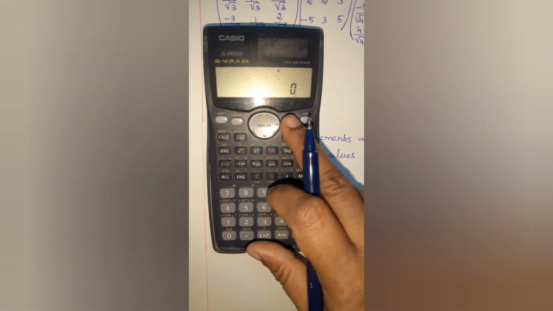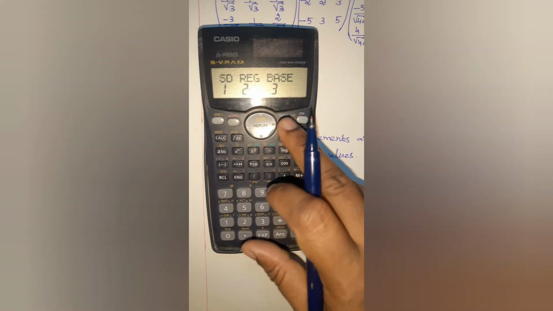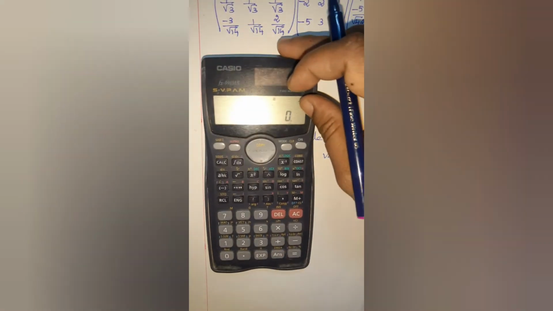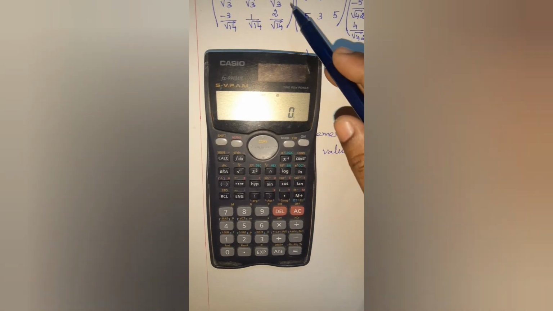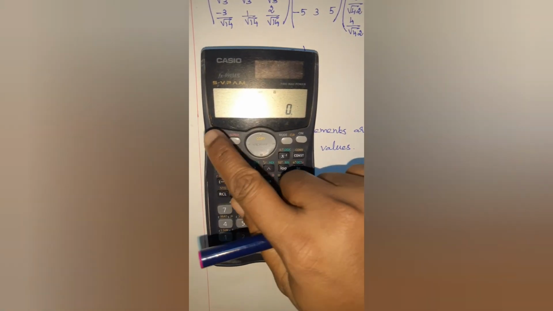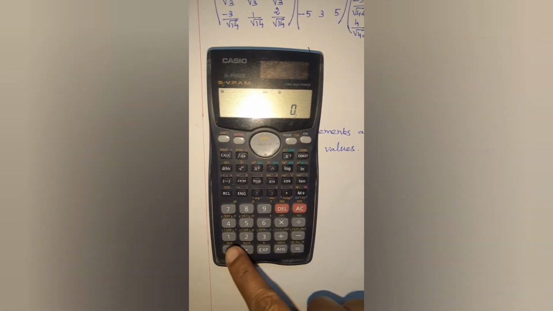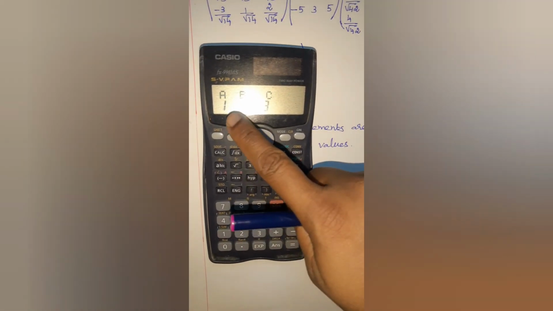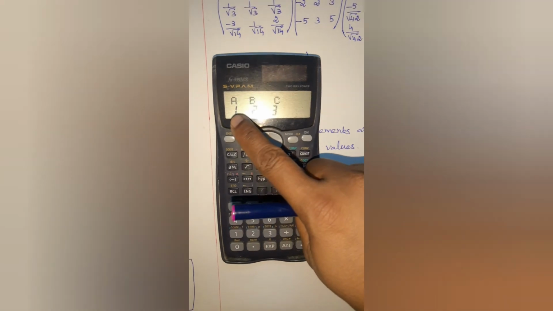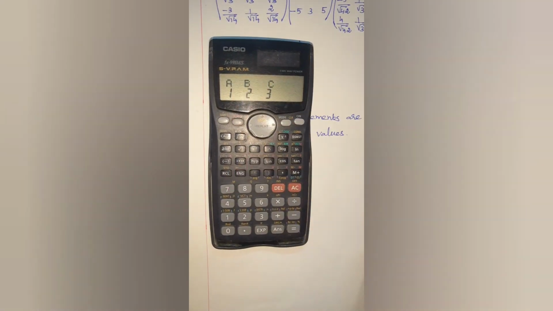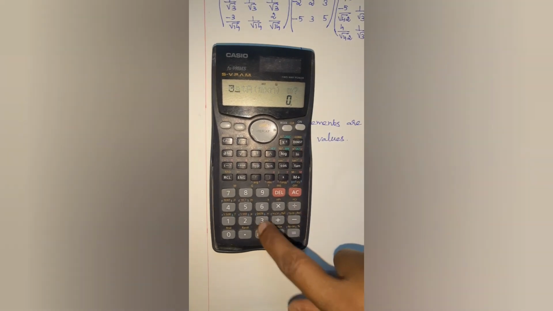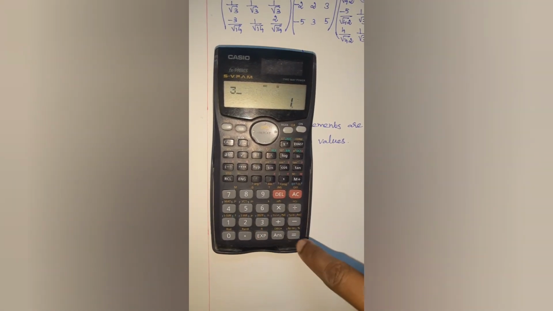First and foremost you have to set the matrix mode, Matrix number 2. First you have to give the dimension for matrix A. For that you use shift mat. Dimension is 1. You have three matrices. First you enter the entries for A. Dimension is 3 by 3.